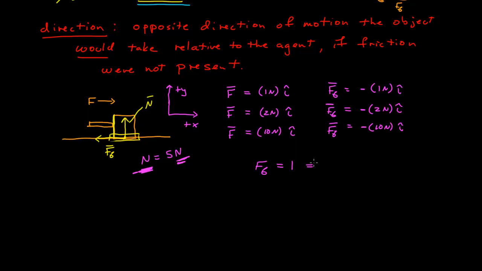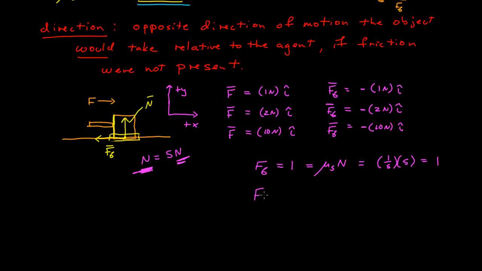Okay, so this is equal to the coefficient of static friction times the normal force. Well, the normal force we said was 5 newtons, so the coefficient of friction was 1/5 times 5 newtons is equal to 1.